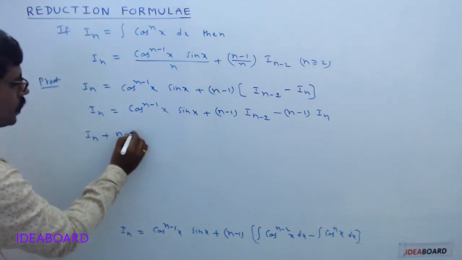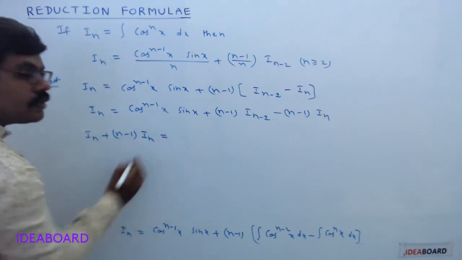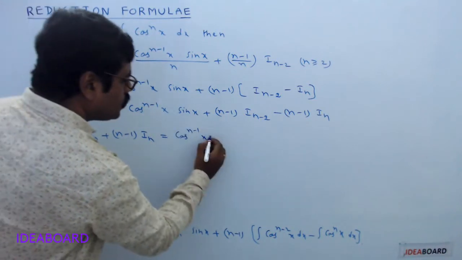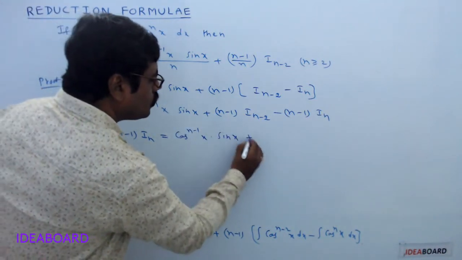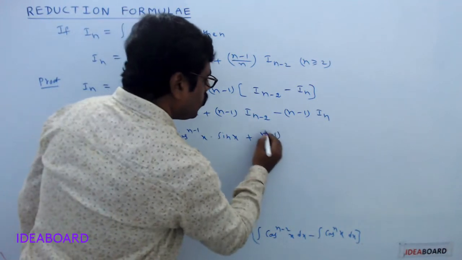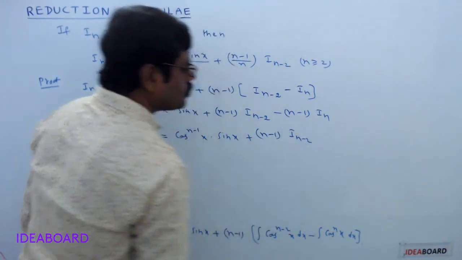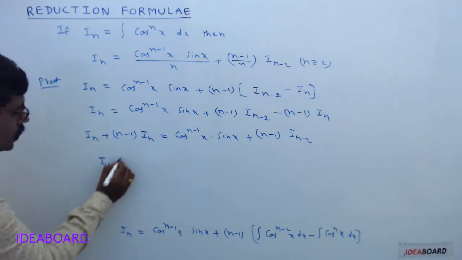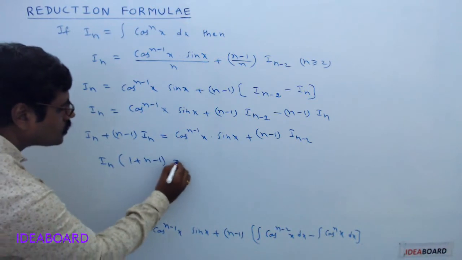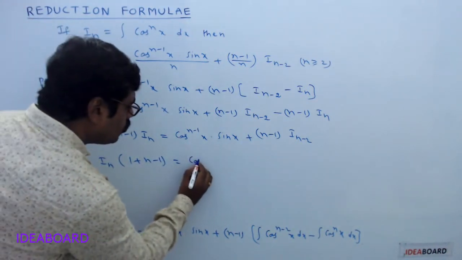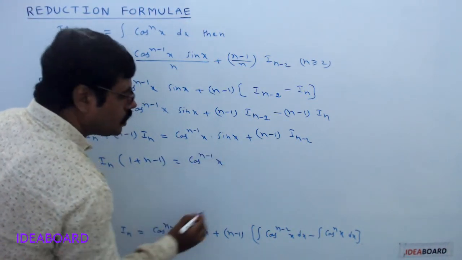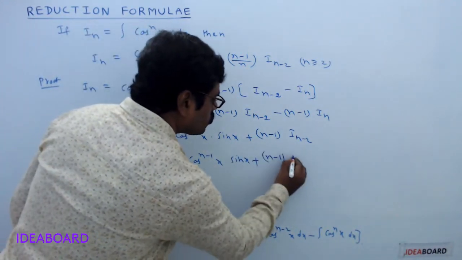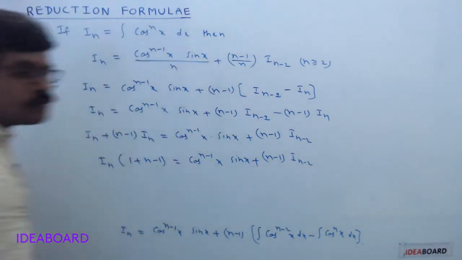In plus n minus 1 into In equals cos power n minus 1 x into sin x plus n minus 1 into I n minus 2. Now take the common factor In. So it is In into 1 plus n minus 1 equals cos power n minus 1 x into sin x plus n minus 1 into I n minus 2.